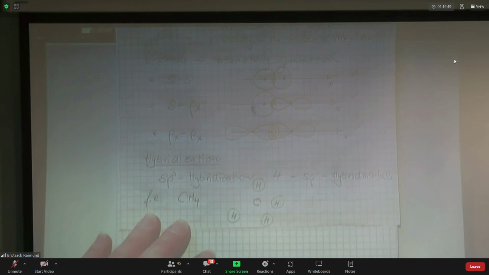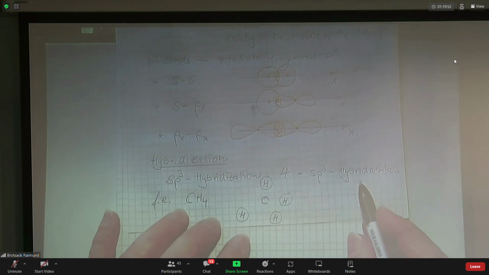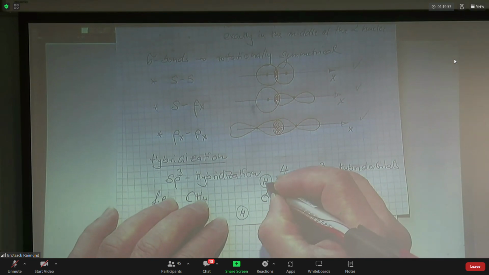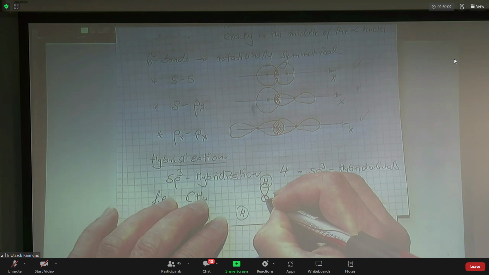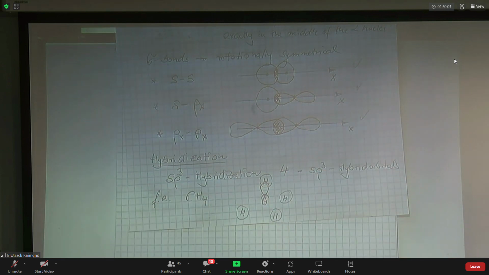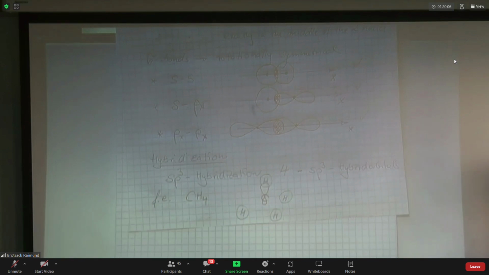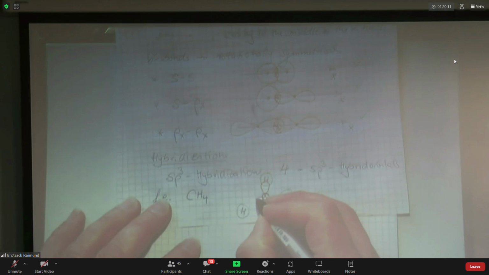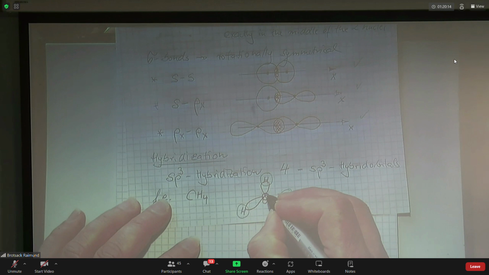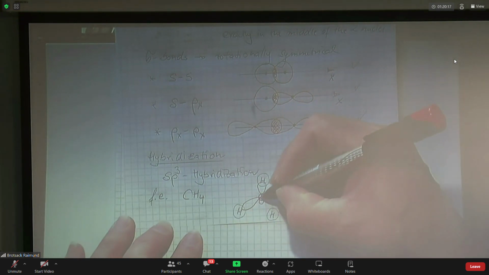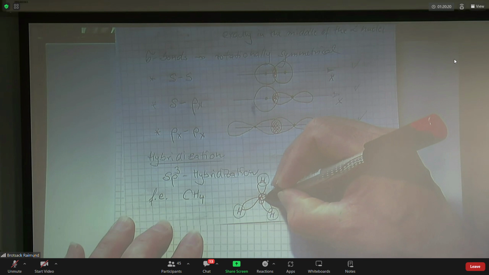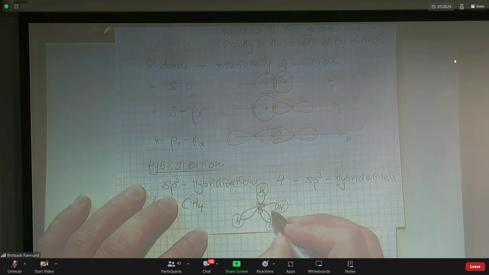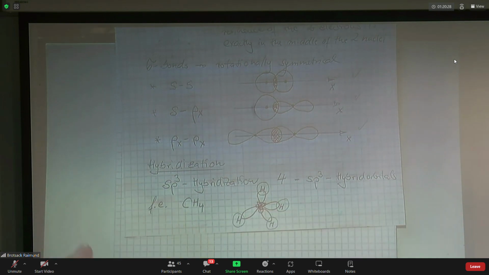These are the s orbitals which can contribute with 1 electron coming from the hydrogen. And the other 4 sp3 orbitals are looking like that. Similar to that dumbbell, but now the opposite direction is small. And we have 4 of them looking into the edges of a regular tetrahedron. Can you imagine?